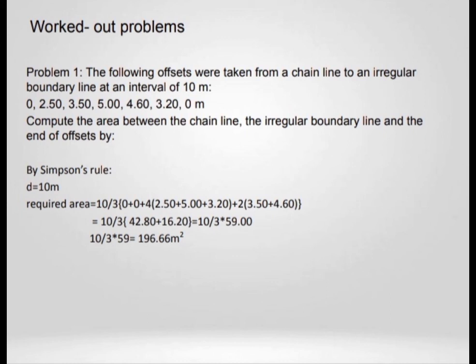So in this scenario, we have to work out 10 over 3 times 59, and the answer is 196.66 square meters. So that's the area between the chain line and the irregular boundary line at the ends of offsets using Simpson's rule.